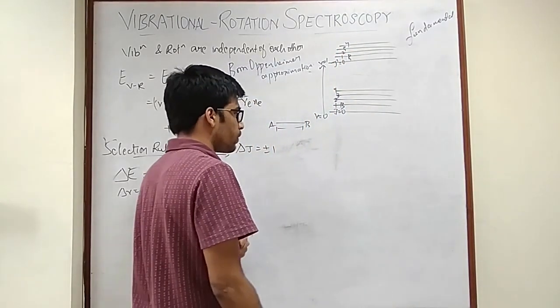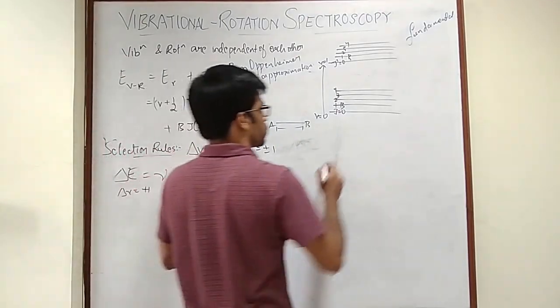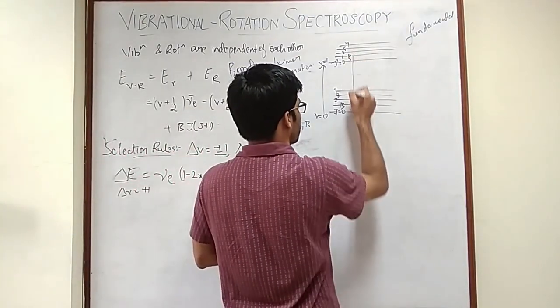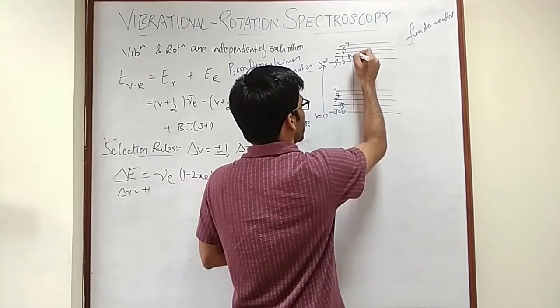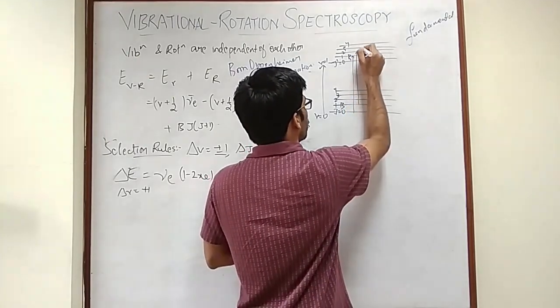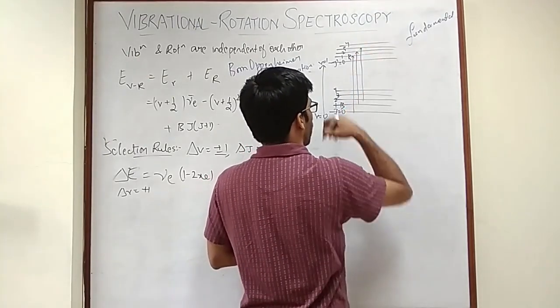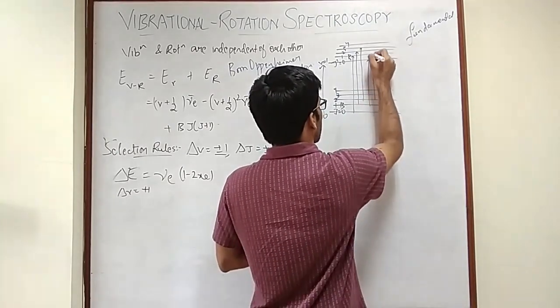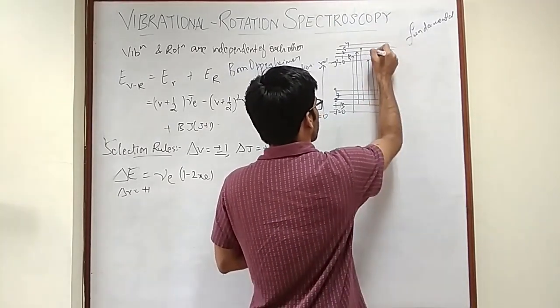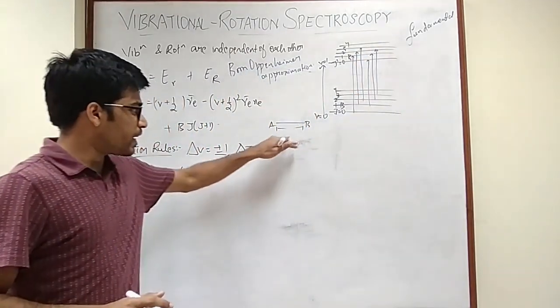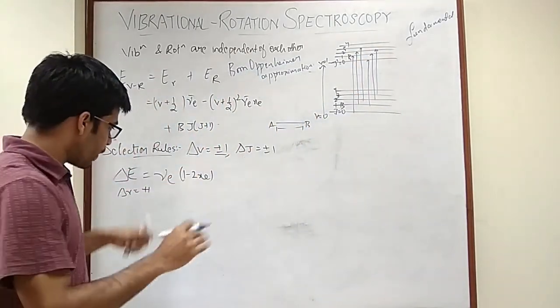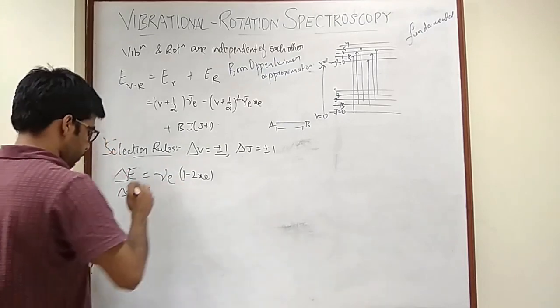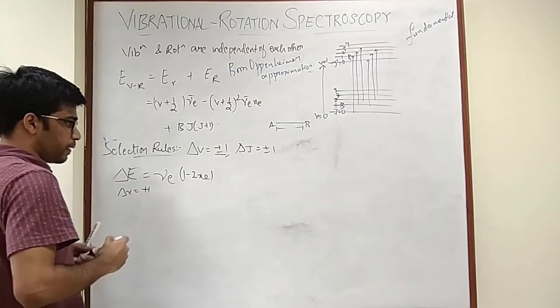Now, when delta J is plus minus 1, transitions like this can take place: 0 to 1, 1 to 2, 2 to 3, or 1 to 0, 2 to 1, 3 to 2. These kinds of transitions can take place for delta J equals plus minus 1. Okay. So what will be the formula for delta E then?